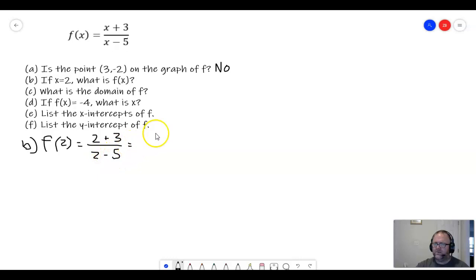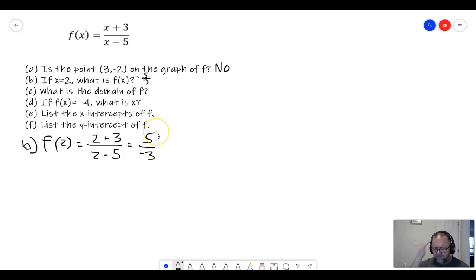And this is equal to 5 over -3, which indeed is just -5/3. You can pull the minus out front. So -5 over 3.